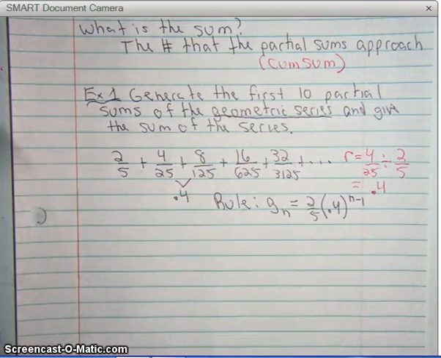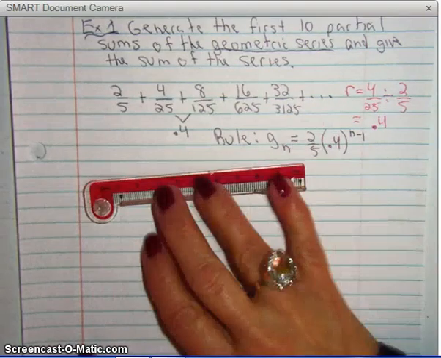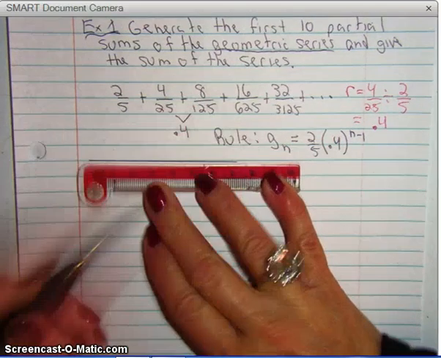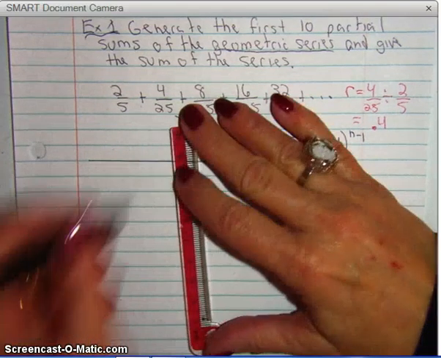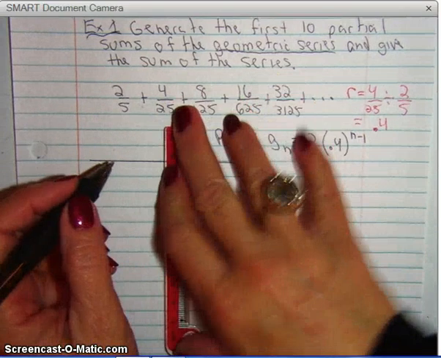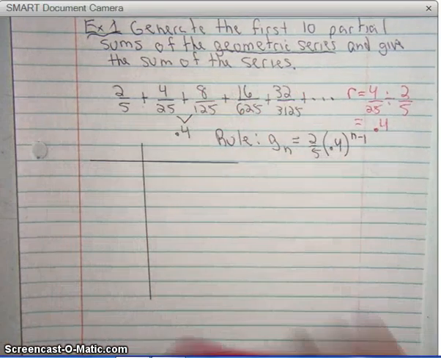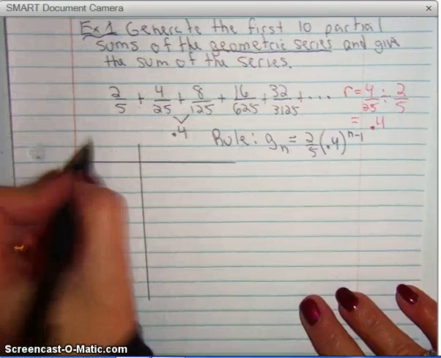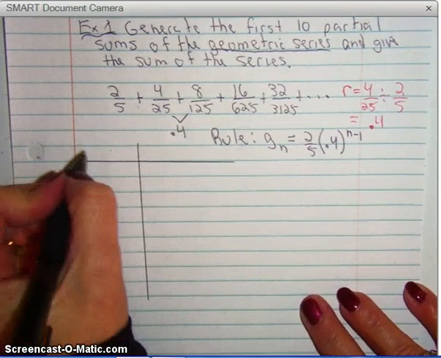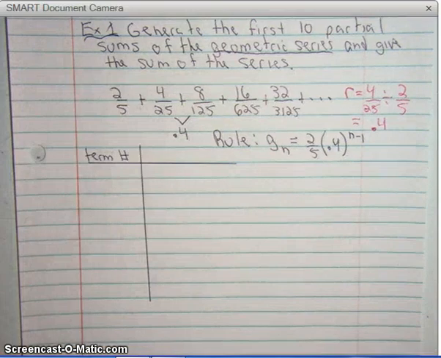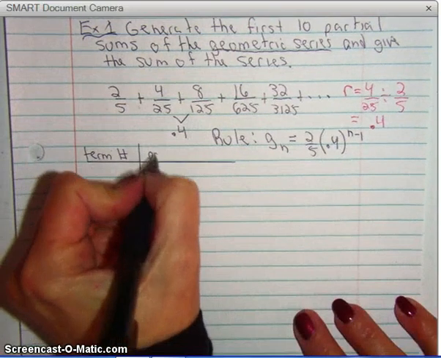Okay. All right, let's make our table of partial sums. I am asking you for term number and then partial sum.